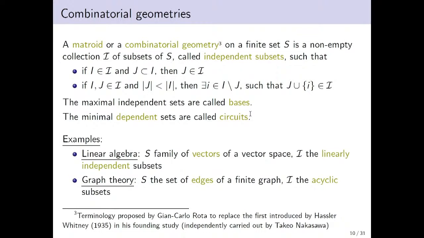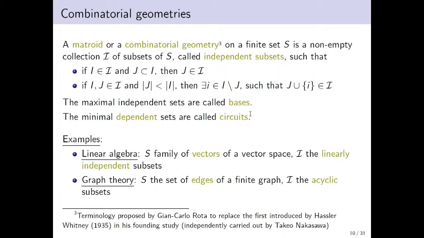Now, independent sets which are not included in any other ones, so the maximal ones, are called bases. And dependent sets, which are all the sets which are not independent, which are minimal, are called circuits.